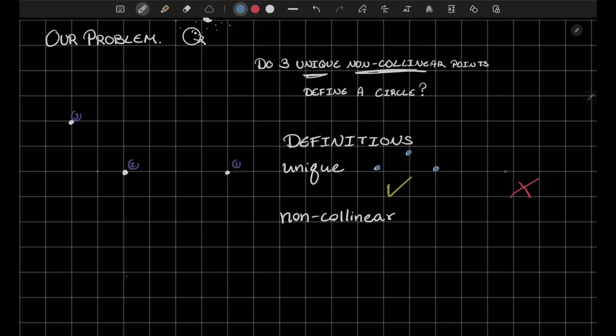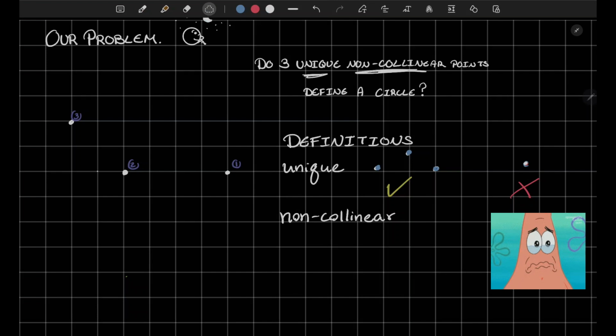However, if we had a third point on top of another point, then they're not unique, in that at least 2 of them share the same position. So we could have it like this, where only 2 share the same position, or I put all 3 on the same exact spot. That's not unique, sadly. I'm sorry, pal.